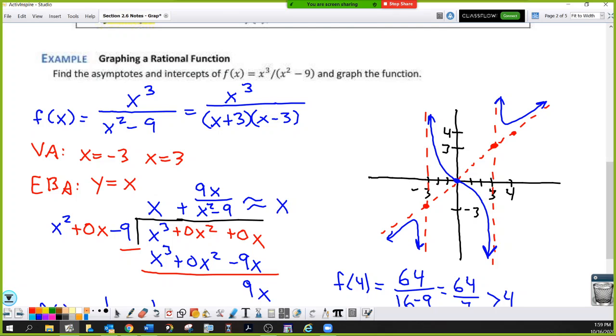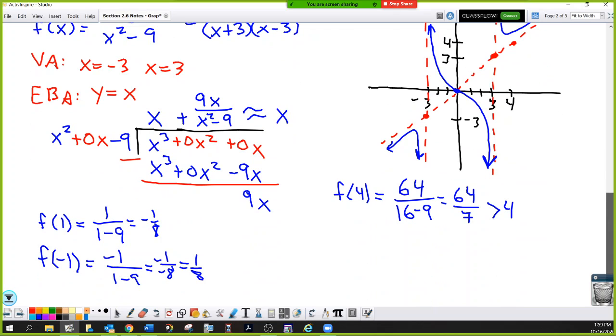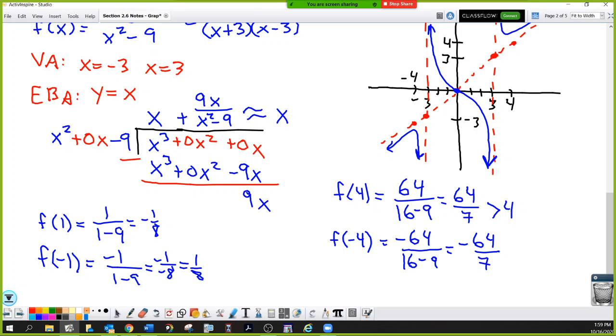And if you're not comfortable with that, by all means, let us plug in the number -4. -4 cubed is -64. But on the bottom, I'm still going to get 16 minus 9. This is -64 divided by 7. And remember, this red dot happens when x is -4, and y is also -4.